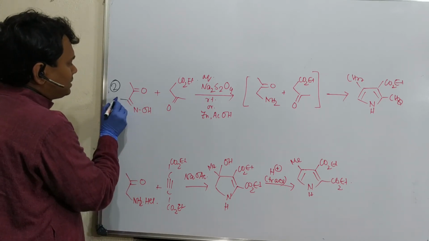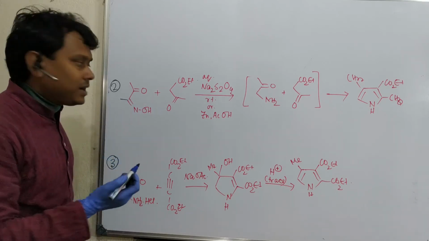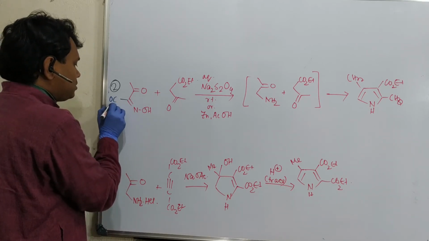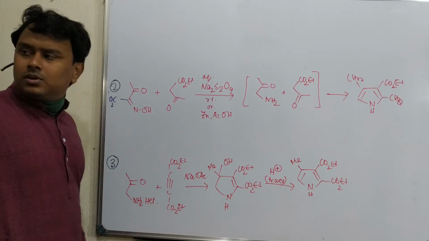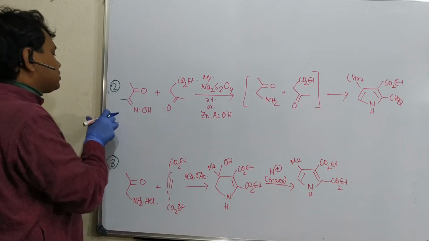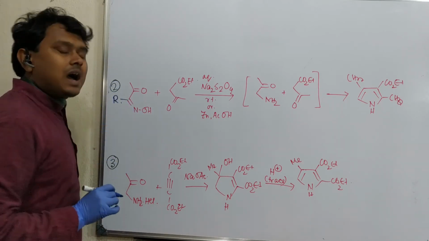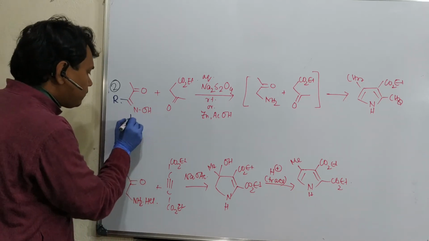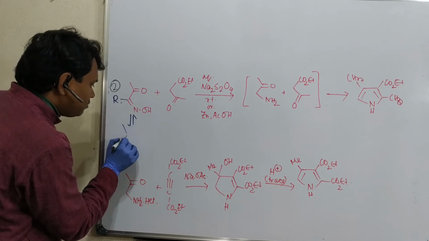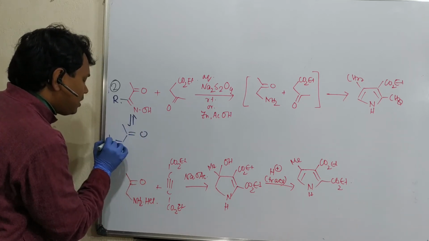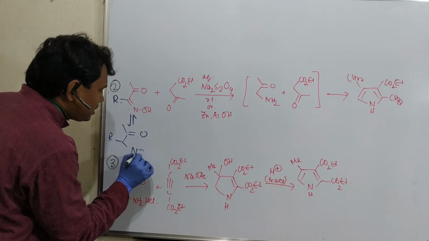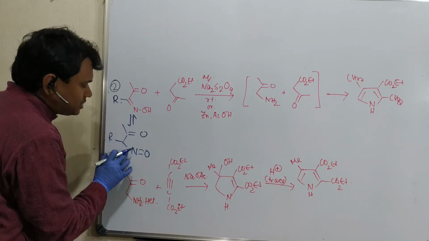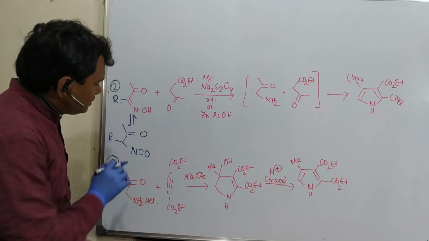Or you can take some other substituent, maybe you can take 1,3-dicarbonyl CO2 like that. Let's consider this as R. How could this be generated? This is actually a tautomer of nitro. What do I mean? This is R, this is N double bond O. Actually this proton is shifted from here to here and resulted in this nitroso.